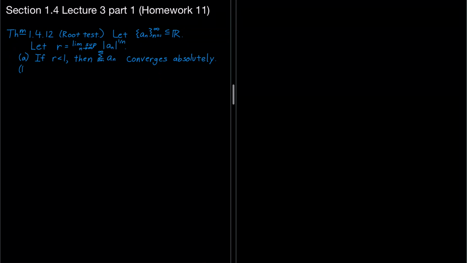And then part B is that if R is greater than 1, then the series diverges. And let us go ahead and prove this.